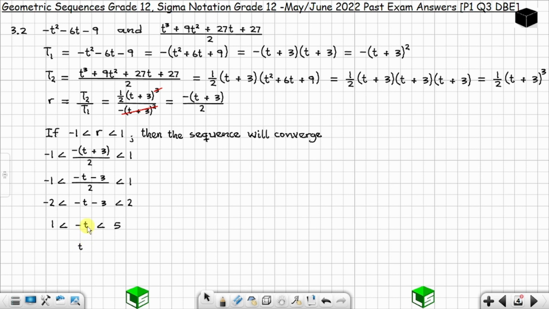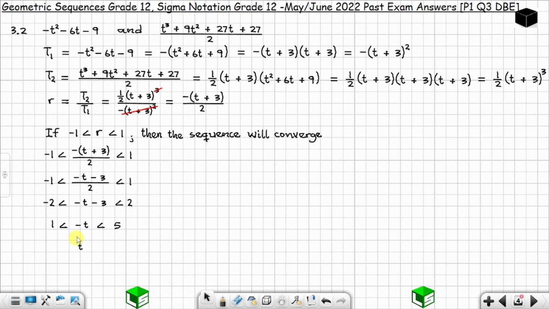Now you have to pay attention to this. Always have a smaller number on the left and a bigger number on the right. You can see 1 is smaller than 5. You can also see here negative 2 is smaller than 2. You can also see here negative 1 is smaller than 1. So when you are dealing with this type of inequality, you must always have a smaller number on the left and a bigger number on the right.